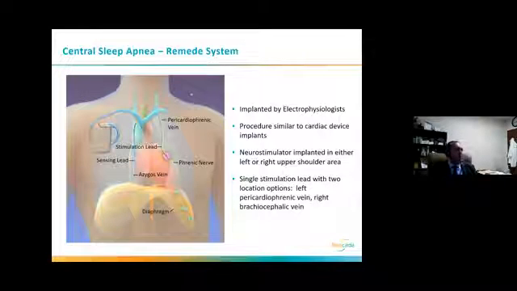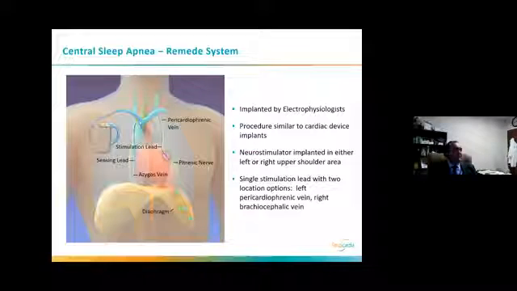Let's discuss now the central sleep apnea treatment, which is the same pacemaker-type device that goes under the skin, and there is one wire that goes in one of the small veins going around the heart, which is close to the phrenic nerve, the nerve that innervates the diaphragm.